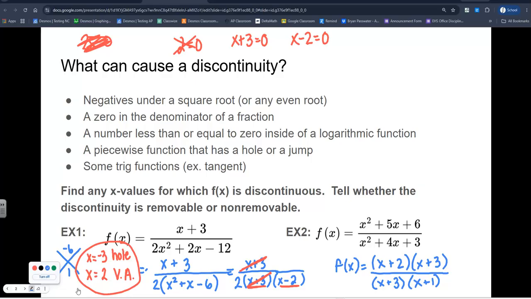So our answers, again, come from the denominator, not the numerator, but the denominator. So we got x equals -3 and x equals -1.